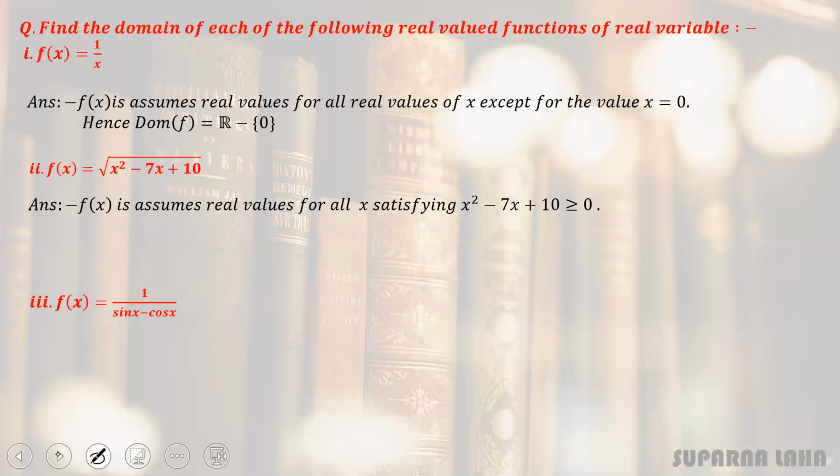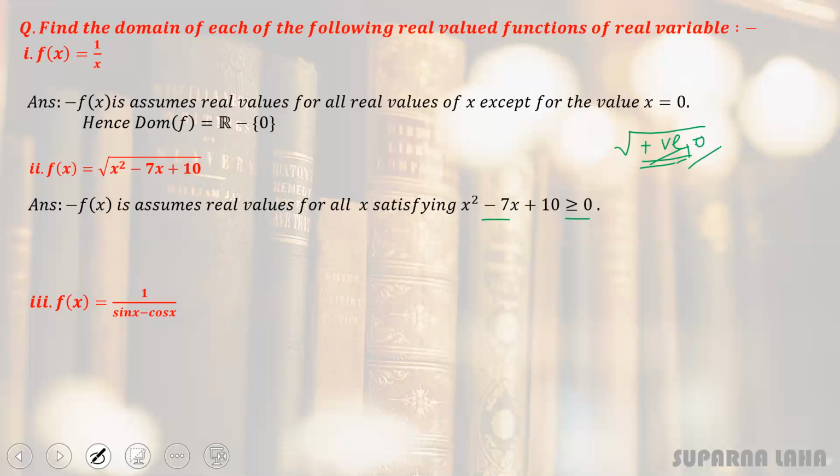Now for defining a real function, this under root term, that is x square minus 7x plus 10, should be greater than or equal to 0. Otherwise it will be a complex number, since root over a negative number will come. So we need to take these under root terms to be always positive or equal to 0. So this will be greater than or equal to 0.